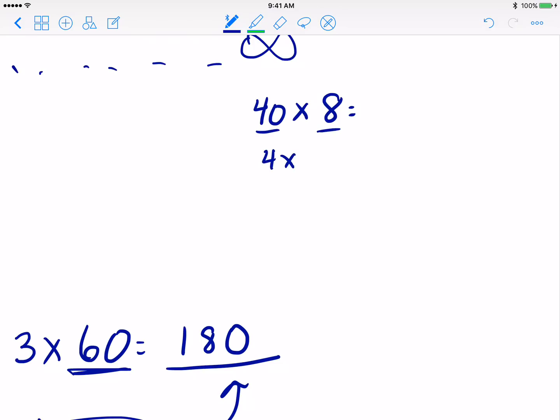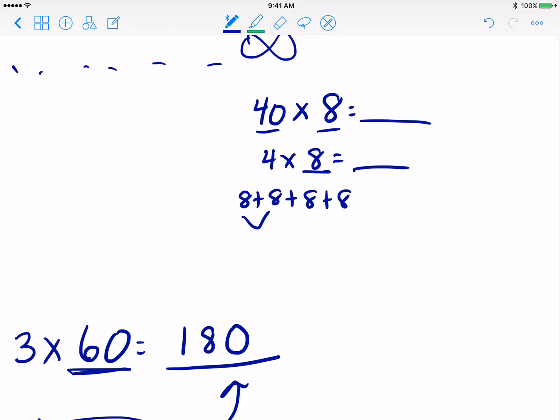So let's think about 4 times 8. We're going to use that to help us find the product of 4 times 8, and then we just know that the answer to 40 times 8 is 10 times bigger. So 4 times 8, let's do repeated addition for this one. We're going to add 8 4 times. 8 plus 8 plus 8 plus 8.